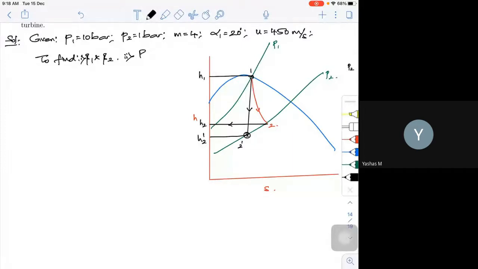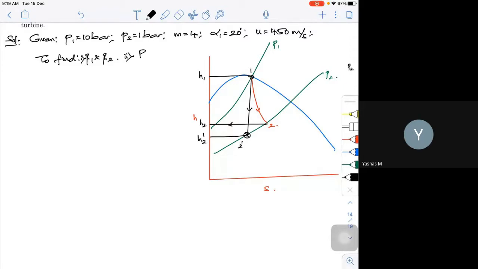Go to your steam tables for a pressure of 10 bar and dry saturated, and note down the value of H1. Then the same at the exit pressure, where it is completely wet. I need to calculate the enthalpy drop. I will give that value, and I want you to go and cross check it.